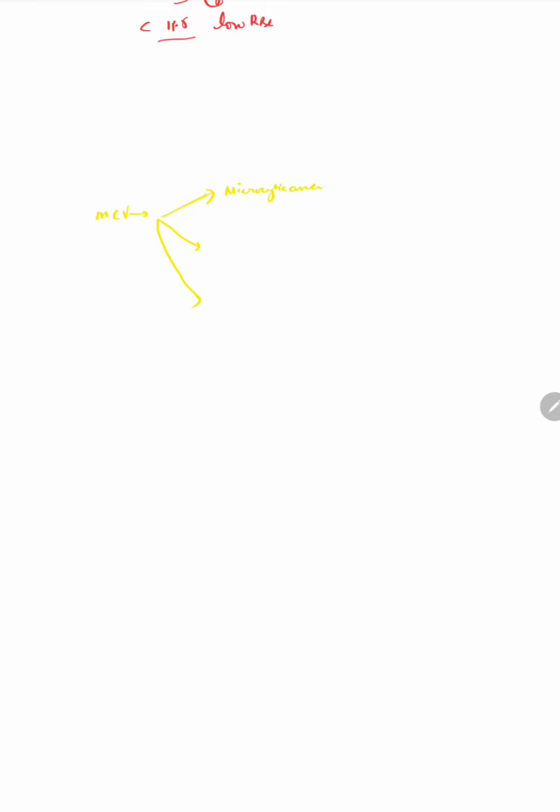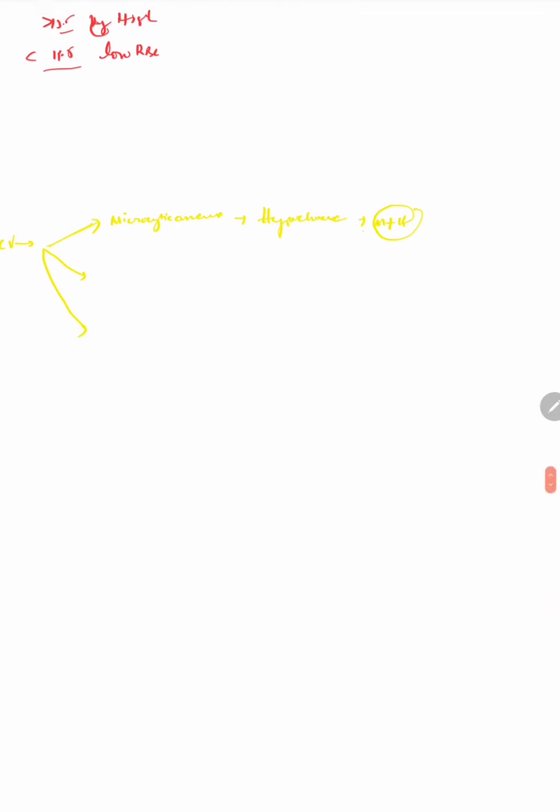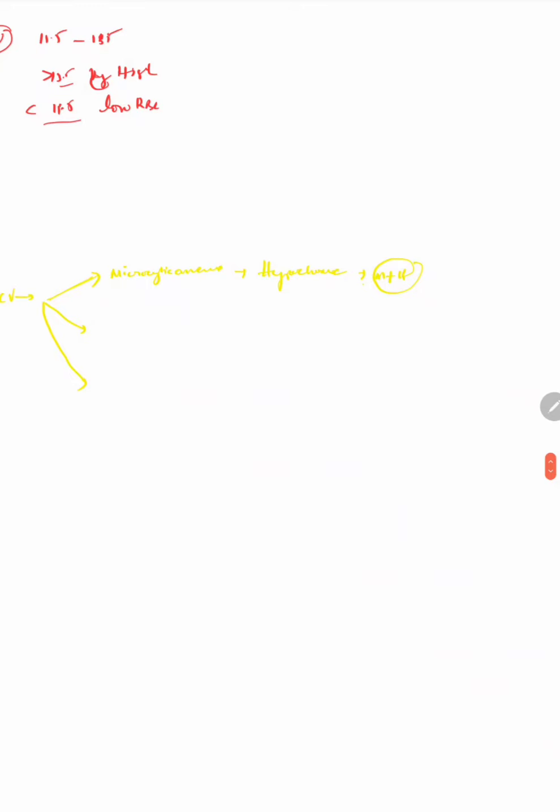Then we look at MCHC. If there is hypochromasia, that is MCHC less than 33, along with microcytic, it is called microcytic hypochromic anemia.